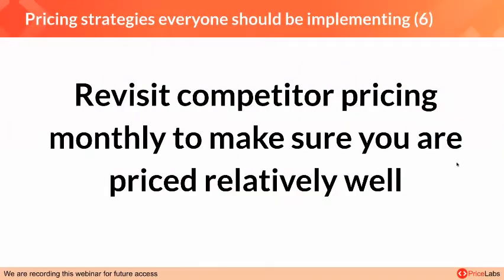Awesome. Next thing to mention here, revisiting competitor pricing monthly to make sure you're priced relatively well. So PriceLabs, we're of course optimizing your rates. We're taking the most up-to-date rates and updating our algorithm as time passes to make sure that you're using the most recent trends here.